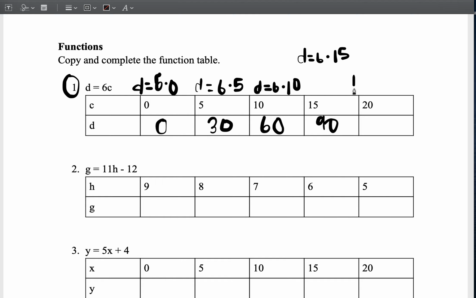Now last but not least, D equals 6 times 20. Now if you do this, you may also have to do this on the side. So pause the video and come back, but the answer to this is 120. That's how you do it.